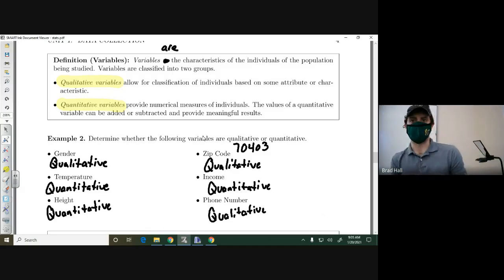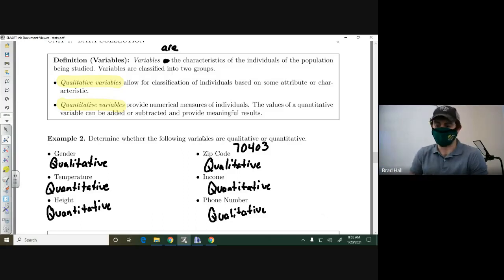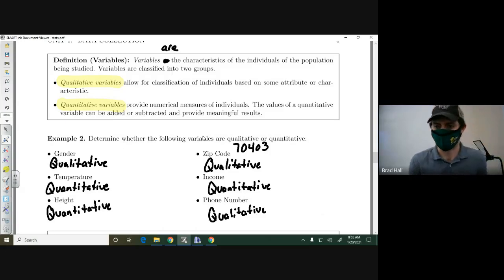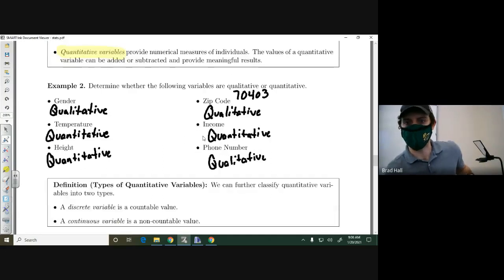If I took my number and added 6 to it, what does that mean? It doesn't mean anything. If I subtracted 2 from my phone number, even if I treated it as some integer, that wouldn't mean anything. It's a qualitative value. Adding and subtracting loses the meaningfulness of the number.